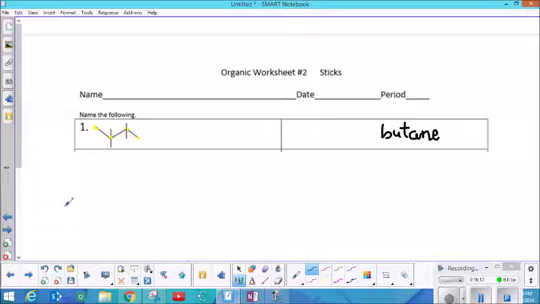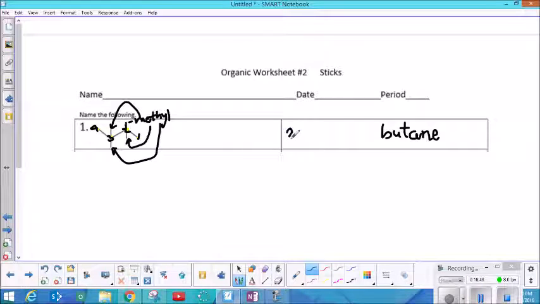And then you have to say where you have things sticking off. So these are dead in the middle, so it doesn't matter which way you count. So 1, 2, 3, 4. Since these are just straight sticks here, that means there's just a methyl here. So I've got a methyl there, and a methyl there, and a methyl there, and a methyl there. So where are they at?